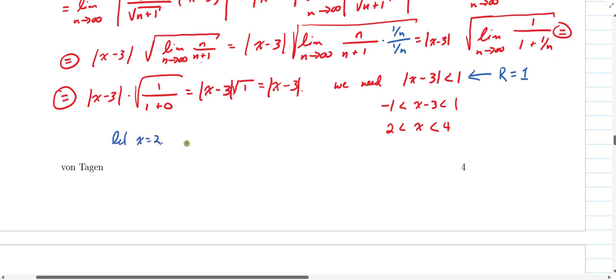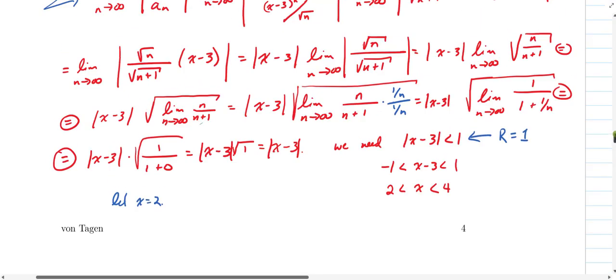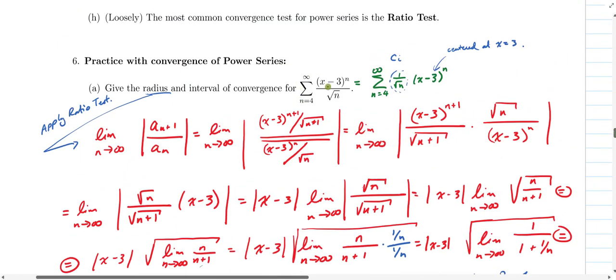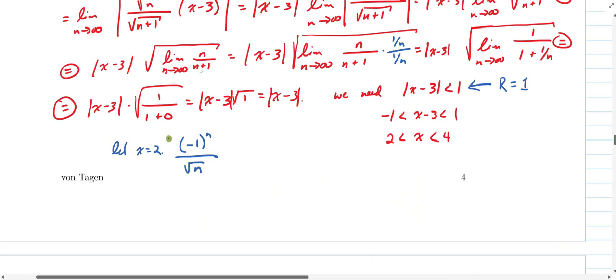If we re-examine our original root function, we would have negative 1 to the n all over the square root of n, where I let x be 2, and so that made the expression inside the nth power negative 1 all over the square root of n. So that's the sequence. Let's write that as a series, it's more appropriate too.